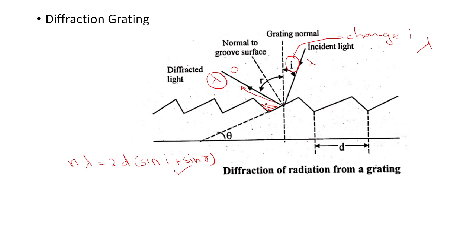So in this way, either using filters, absorption filter or interference filter, or monochromators like prism or diffraction grating, you can achieve the target that a polychromatic light source can be converted to monochromatic light.